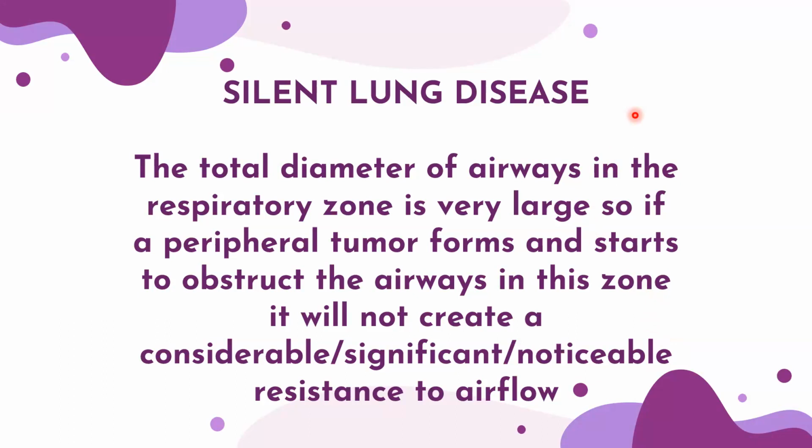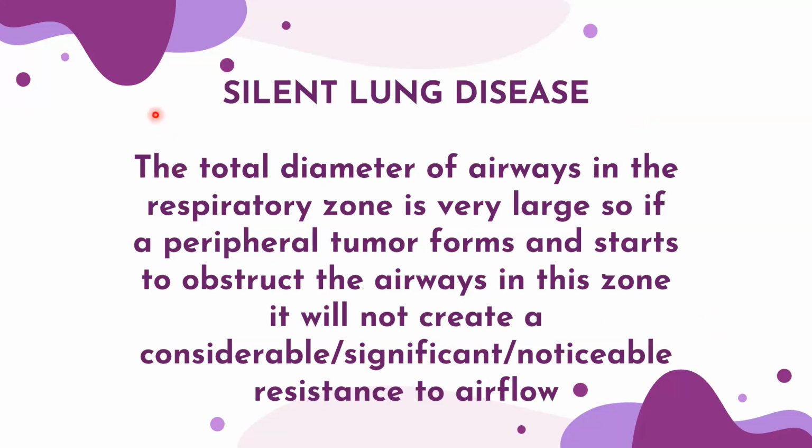If around 5 to 6 of them are obstructed, the patient isn't going to show any symptoms, because you don't have a significant amount of airways obstructed by this tumor. That's what we mean by silent lung disease: because you have so many airways in the periphery, the patient won't show you considerable obstructive symptoms. So you won't know that the patient has a tumor in the peripheral airways until it's too late.